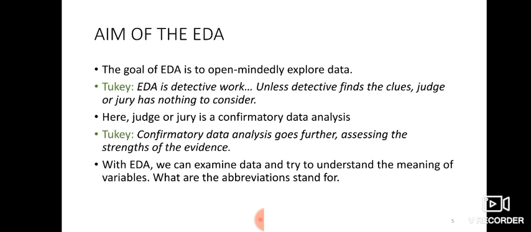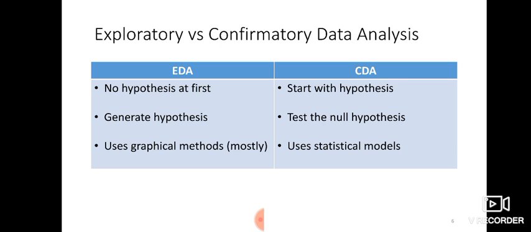Confirmatory data analysis will assess the strength of the evidence. So first we have to do the exploratory data analysis, and only then can we go for confirmatory data analysis. You can see the difference between these two. In exploratory data analysis, we don't have any hypothesis, but in confirmatory data analysis, we start with a hypothesis.